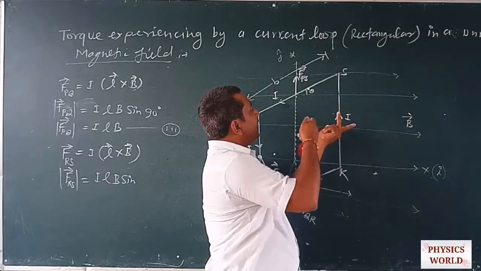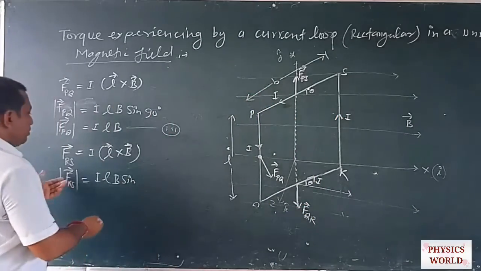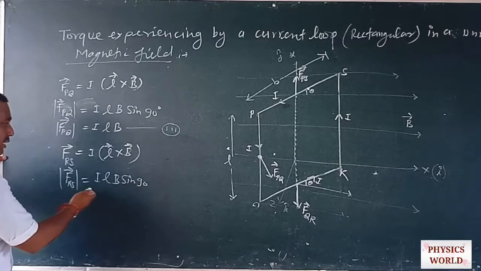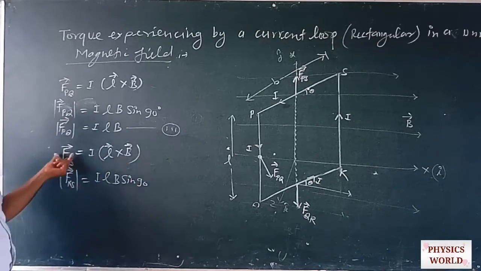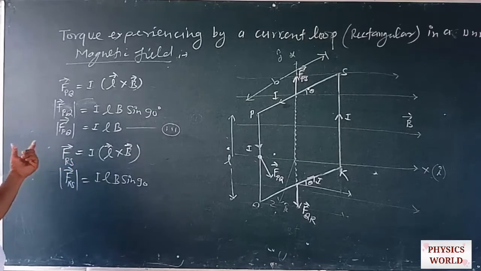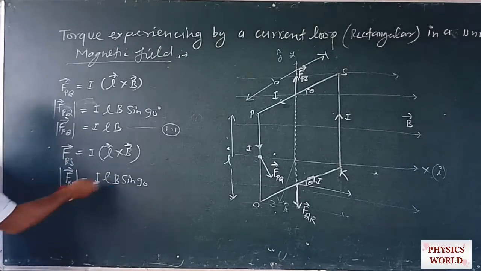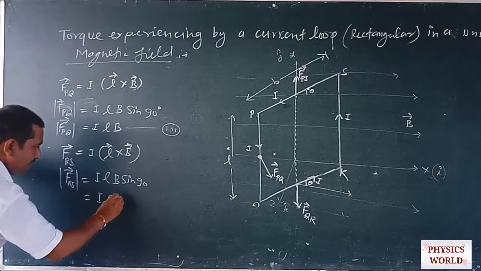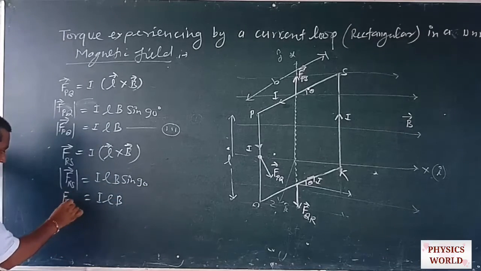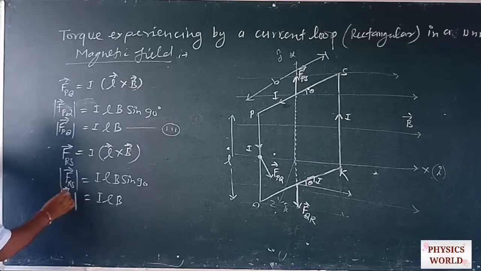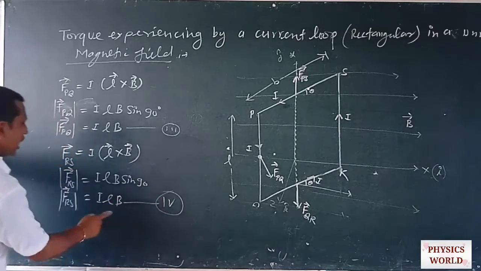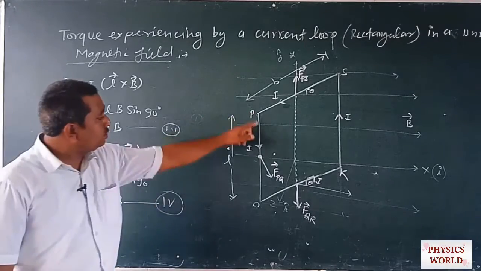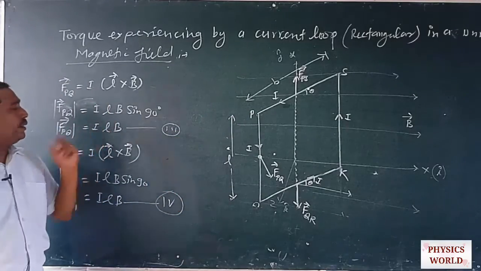So the direction of force is acting in the inward direction, that is negative of K. If we want to find out the direction of the force on PQ, then this will be acting along K. So what is the magnitude? Sine of 90 becomes 1, that is ILB. So the magnitude of the force on RS is ILB, and the magnitude of the force acting on the arm PQ is also ILB.